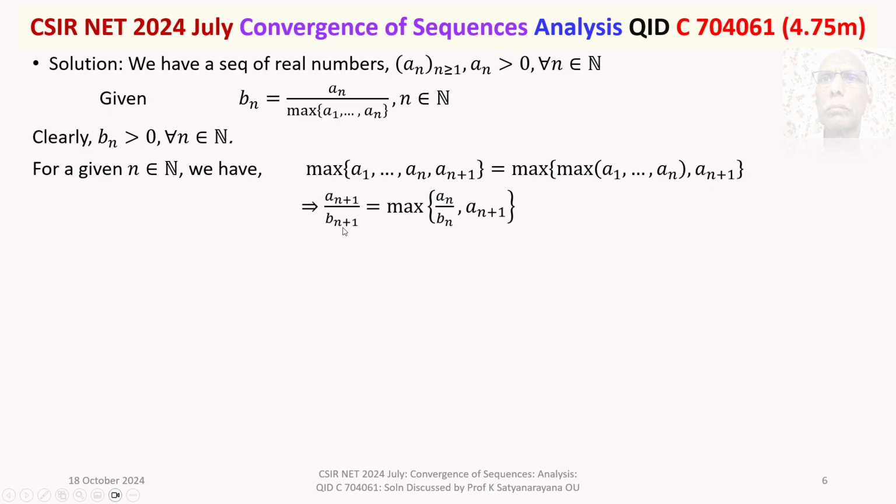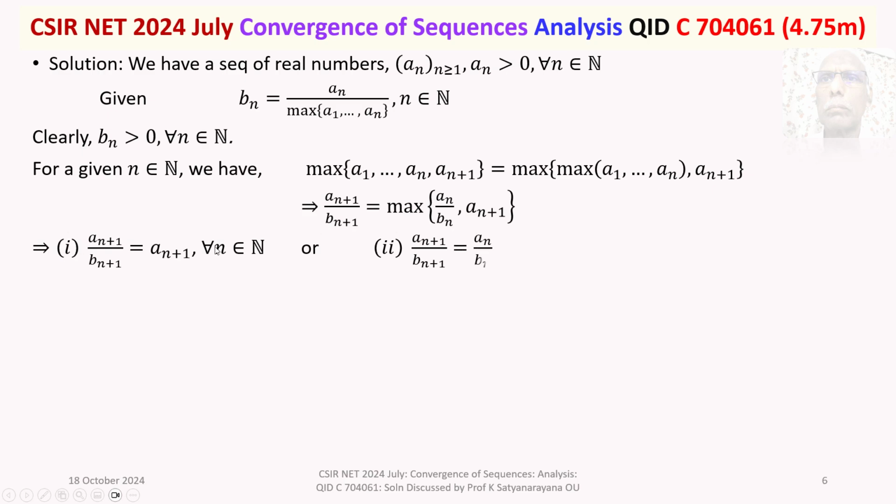So this is equal to either the first or the second, the maximum of these two. This implies we have two possibilities.